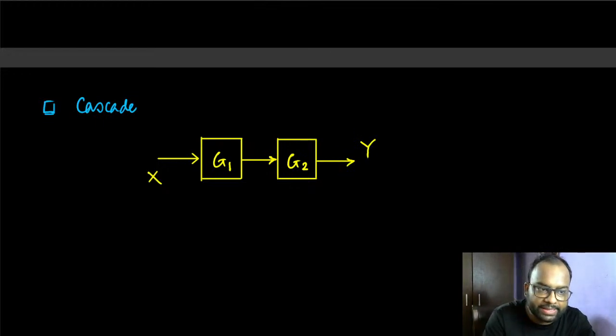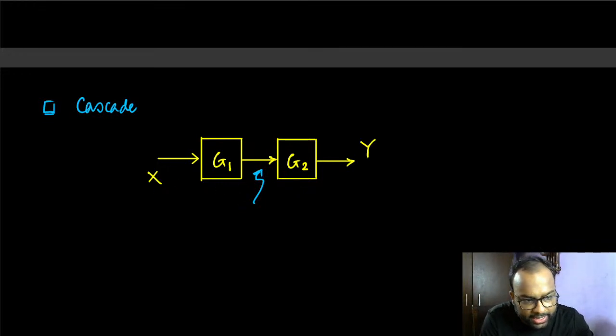In order to understand this, we have to figure out what this signal in between was. Since we are again talking about Laplace transforms, whatever signal I have in between, which is the output from the G1 block and acts as the input to the G2 block, is just G1 times X.